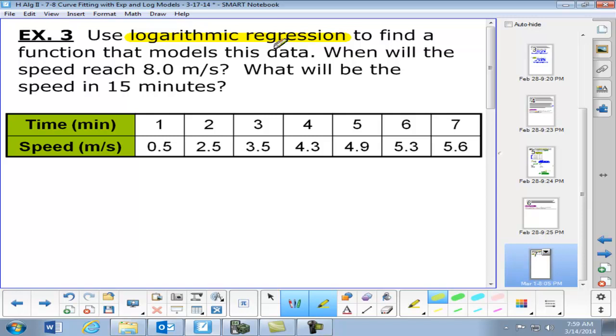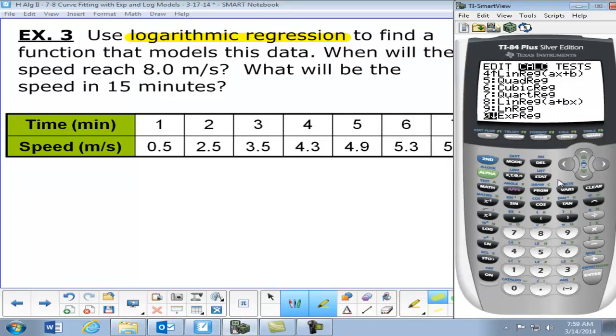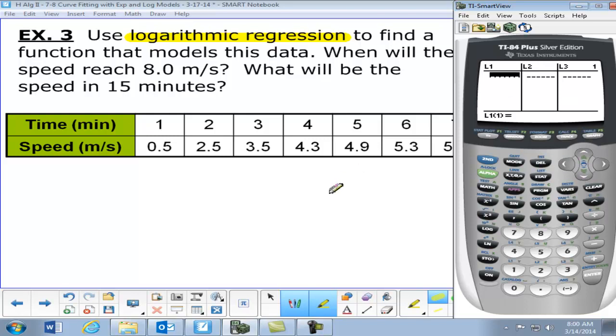So the first thing we got to do is find our regression equation. So we're going to go back to our calculator. We're going to go back to Stats, Edit, clear these lists. Okay. And you guys can see the whole chart because my calculator is blocking part of it over here.